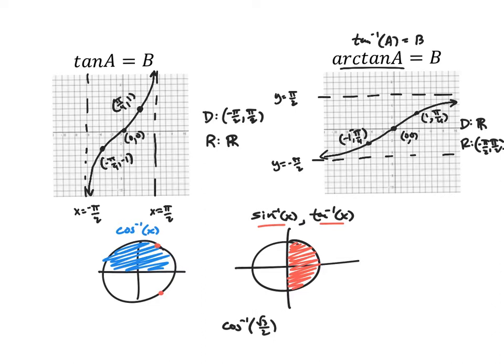Technically speaking, you could say, well, hey, it's at pi over 6 and 11 pi over 6. Well, due to the restrictions that we put on inverse cosine, so that it's a function, we're not going to utilize that. We're only going to utilize the one that falls in quadrants 1 or 2. So that's useful later on when we get to questions like that.